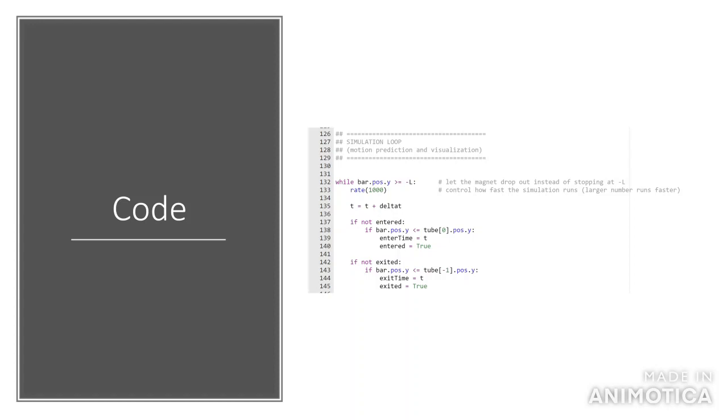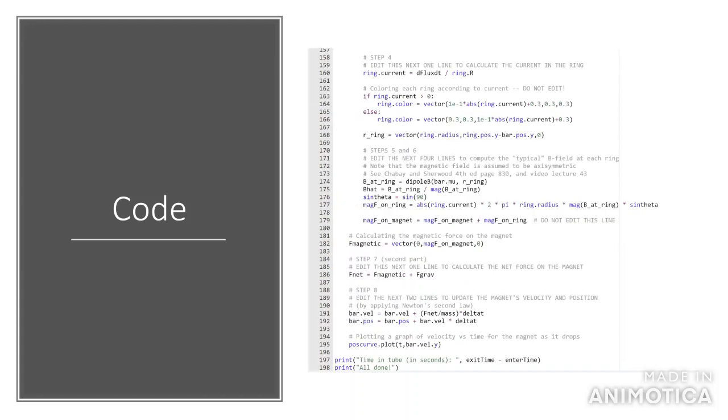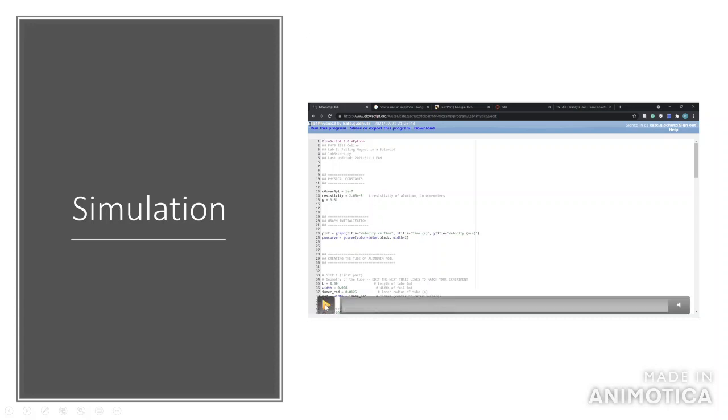I then determined the magnetic force on the magnet by adding each magnetic force on each ring together. Lastly, I determined the velocity of the magnet at each ring and the position of the magnet at each ring using Newton's second law. So here's what I did there. And then here is a video of my simulation.